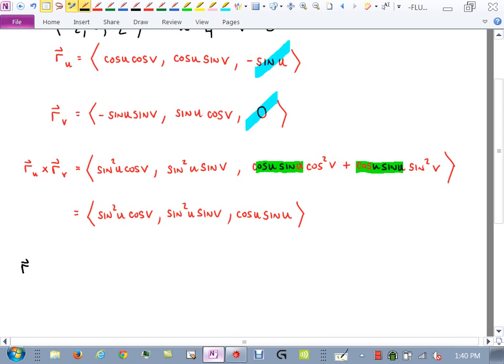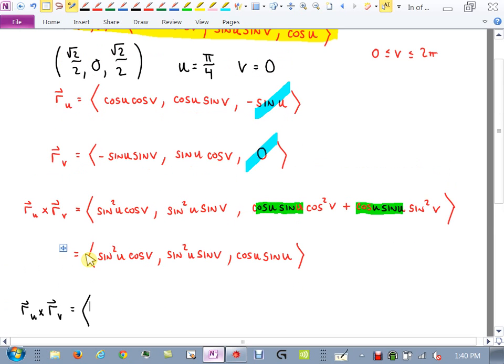So Ru crossed with Rv equals, okay, sine of u. U was pi over 4. Sine of pi over 4 is root 2 over 2. Square it. Root 2 over 2 squared is 1/2, times cosine of v. What's cosine of 0? 1. Okay. Sine squared of u again, 1/2.